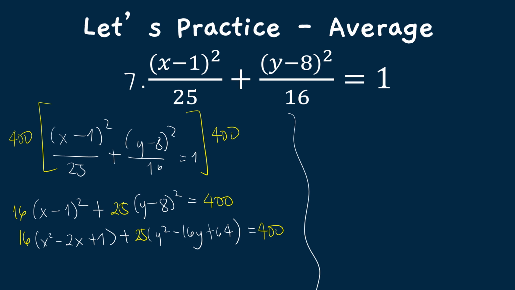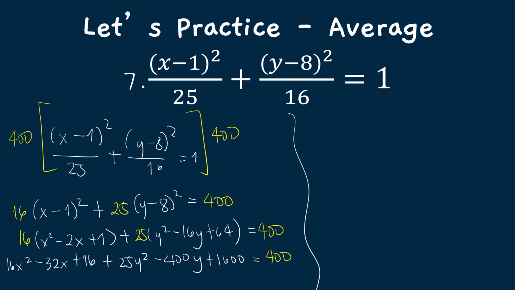So that results into 16x squared minus 32x plus 16 plus 25y squared minus, so you multiply 25 to 16 again, that is equal to 400. You write negative 400y, then multiply again 25 by 64, that's 1,600. Is equal to, still write 400 on the right side.